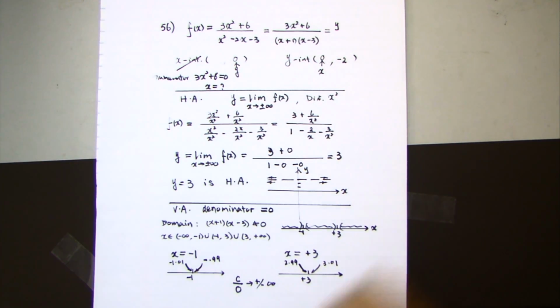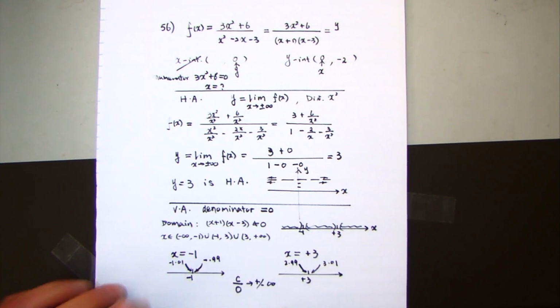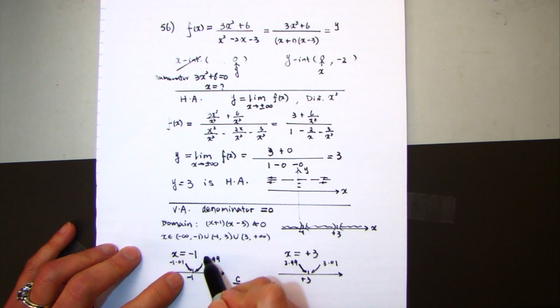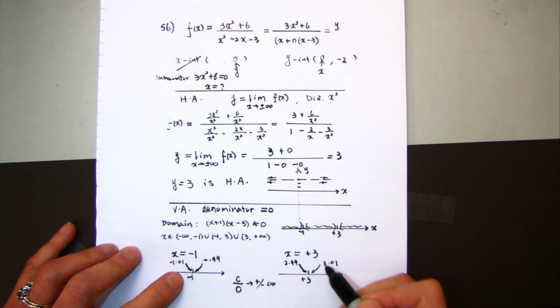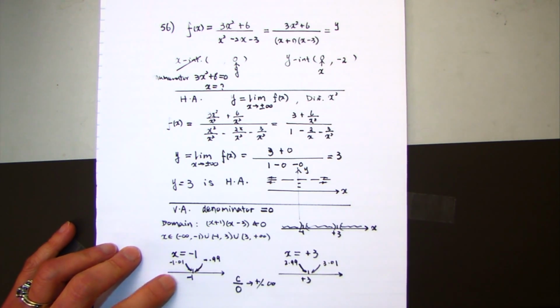All right, that's all the preparation we need, and now we can just go in and do the limits. There will be four of them: get close to negative 1 from the left and right, and get close to 3 from the right and the left. Okay, let's go look for it.